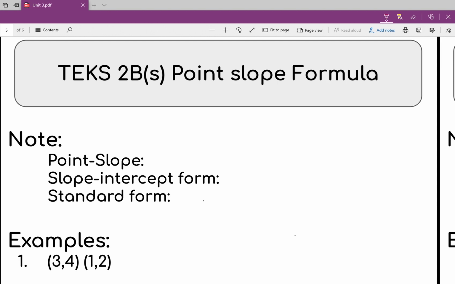Point slope formula is y minus y1 equals m(x minus x1). Slope-intercept form is y equals mx plus b.